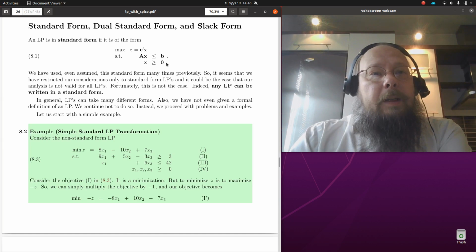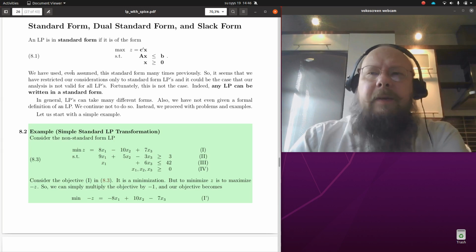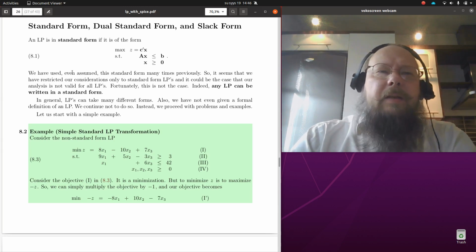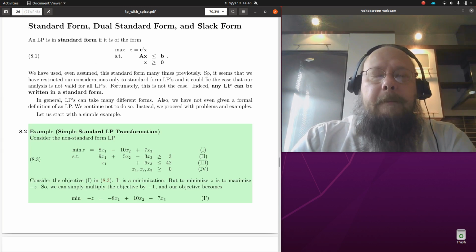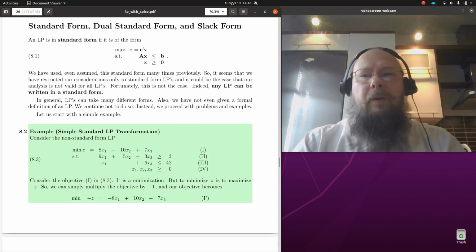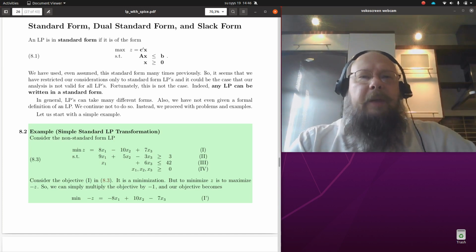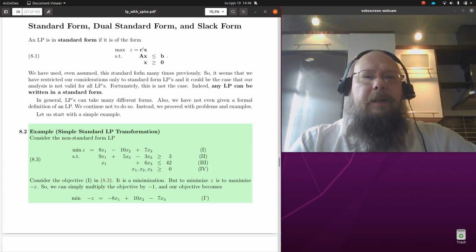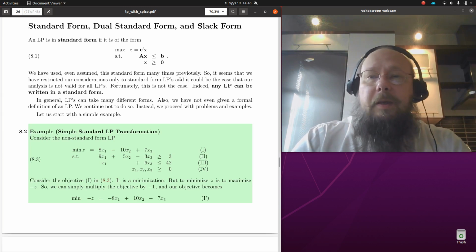Alright, also you might notice that we have actually used and even maybe implicitly assumed that all our LPs are in this standard form previously. If you look carefully at the previous chapter, it may seem that we have restricted our considerations only to the standard form LPs, especially in the previous chapter where we considered sensitivity.